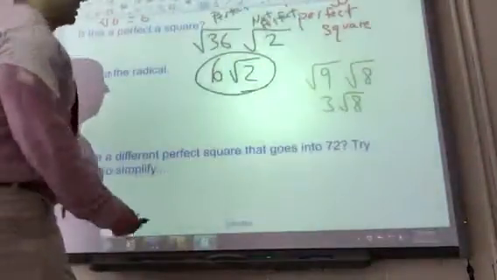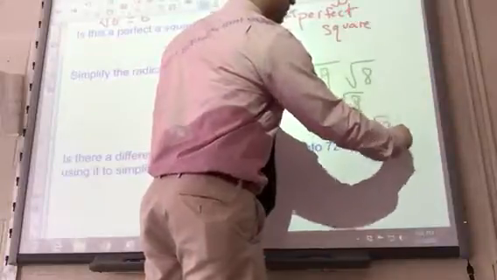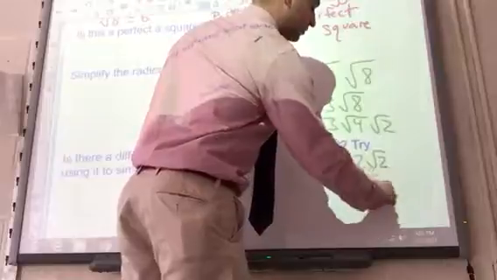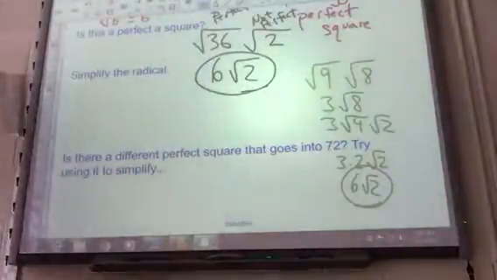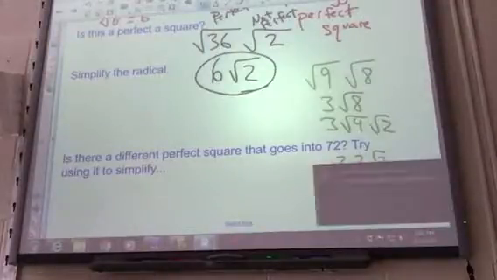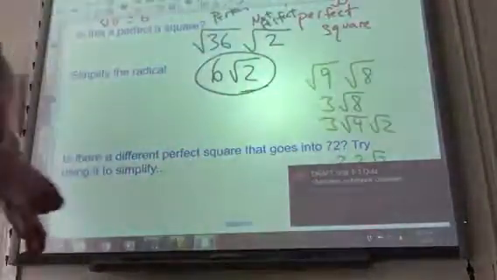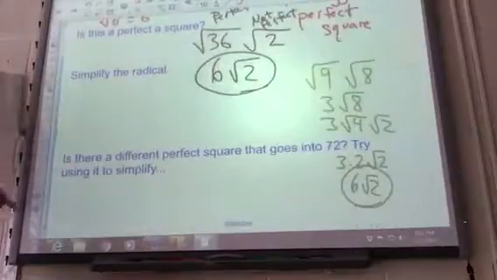So this is why you want to pick the biggest one, because you're going to have to do a lot of steps if you don't pick the biggest perfect square. And look, you end up with the same answer. So the goal is really to take the biggest perfect square out of each radical if you start with a not perfect square.